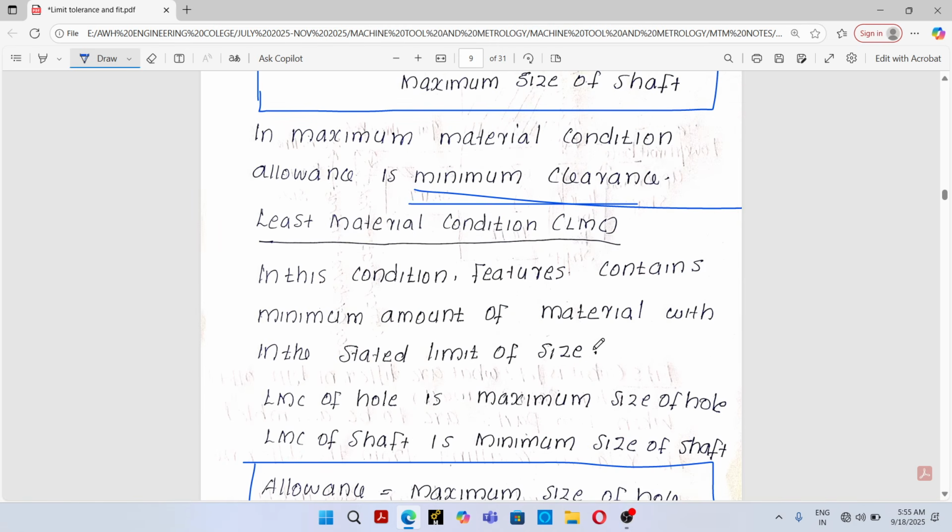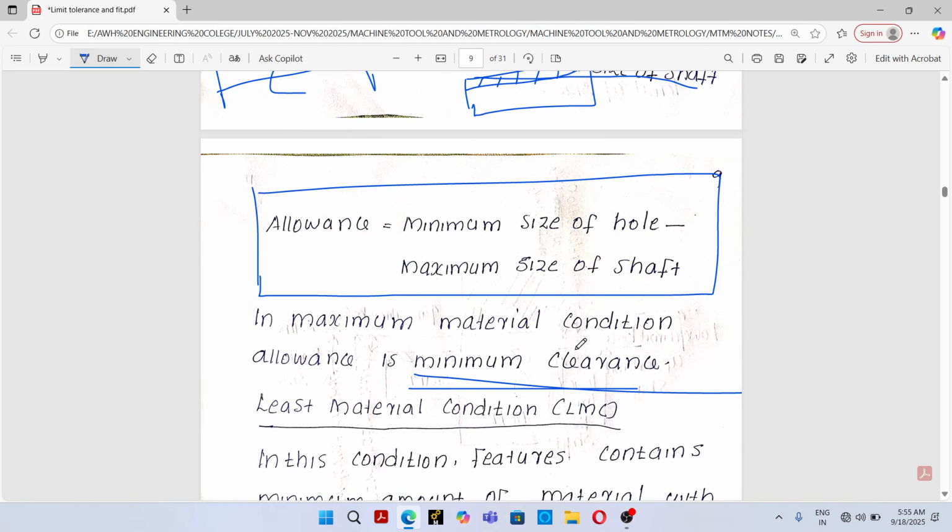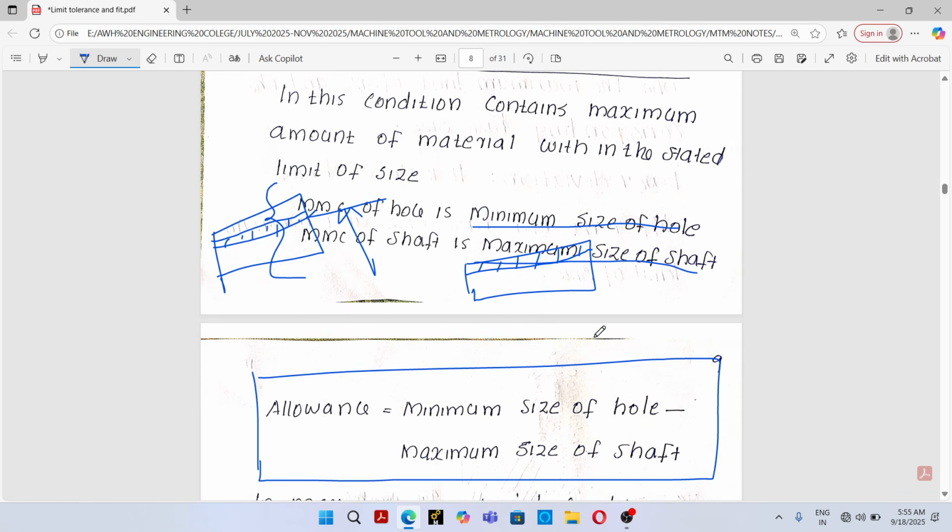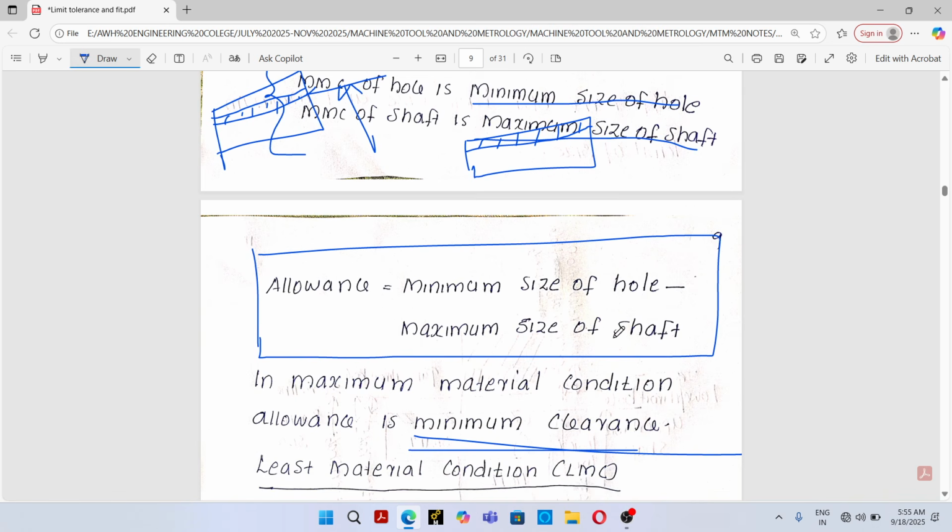So ഒരു ഹോളിന്റെ മാക്സിമം മെറ്റീരിയൽ കണ്ടീഷൻ എന്ന് പറയുന്നത് മിനിമം ലിമിറ്റ് ഓഫ് ഹോളും ഷാഫ്റ്റിന്റെ മാക്സിമം മെറ്റീരിയൽ കണ്ടീഷൻ എന്ന് പറയുന്നത് മാക്സിമം സൈസ് ഓഫ് ഷാഫ്റ്റും ആണ്. സോ ആ ഒരു കേസിൽ അലവൻസ് എന്ന് പറഞ്ഞു കഴിഞ്ഞാൽ മിനിമം സൈസ് ഓഫ് ഹോൾ മൈനസ് മാക്സിമം സൈസ് ഓഫ് ഷാഫ്റ്റ് ആണ്.